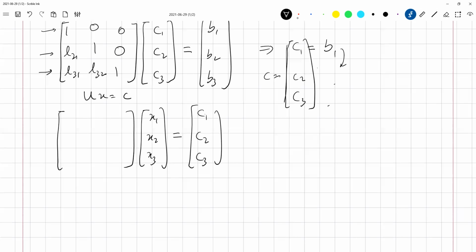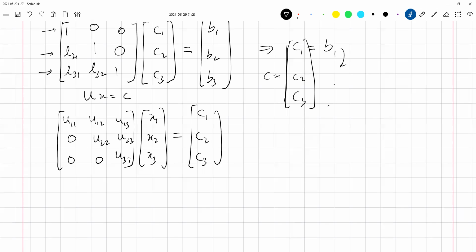What does this matrix look like? You have pivot 1, pivot 2, pivot 3. Let me call these U11, U22, and U33, each of which are the pivots. Then you have U12, U13, U23, and you have zeros over here.